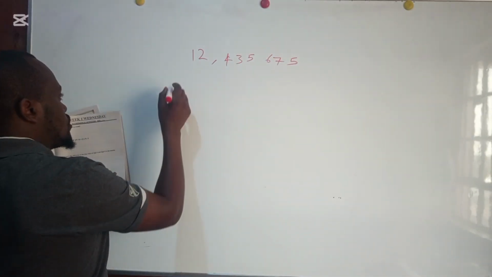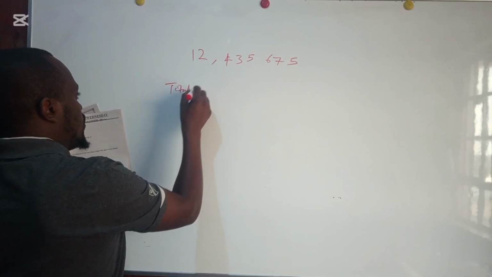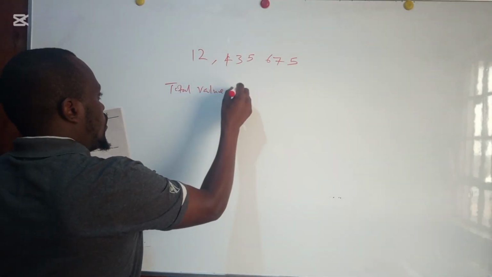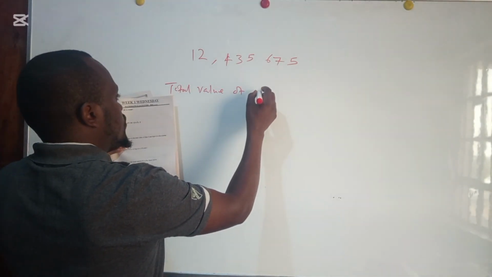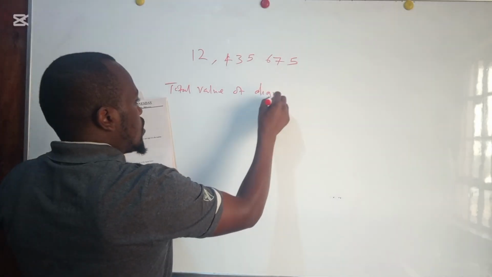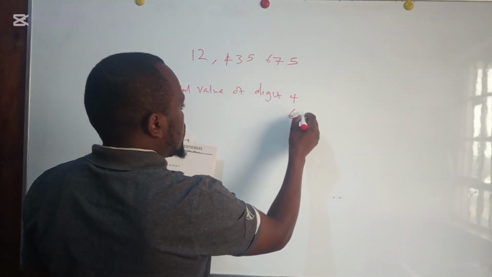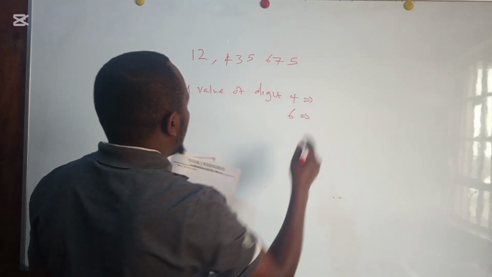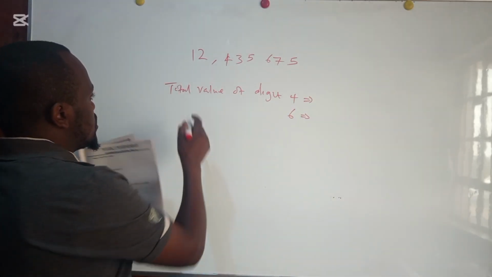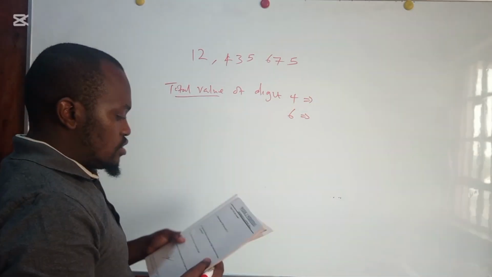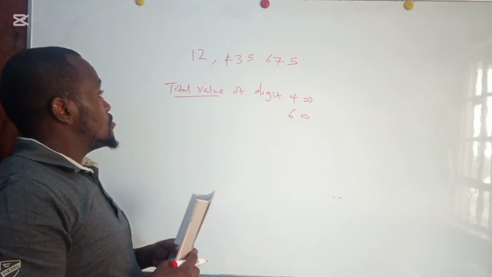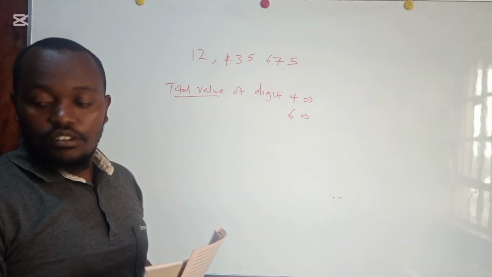So the difference in the total value of digit 4 and digit 6. So what is total value? There's a difference between place value and total value.